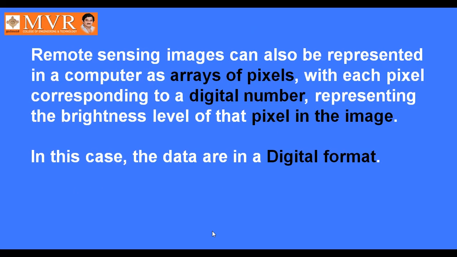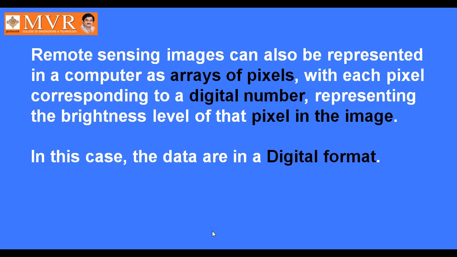But in the case of the digital image, remote sensing images can also be represented in a computer as an array of pixels, where each pixel corresponds to a digital number representing the brightness level of the pixel in the image. In this case, the data are in digital format.